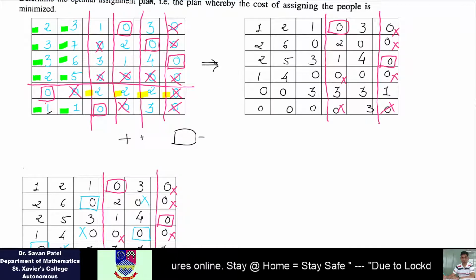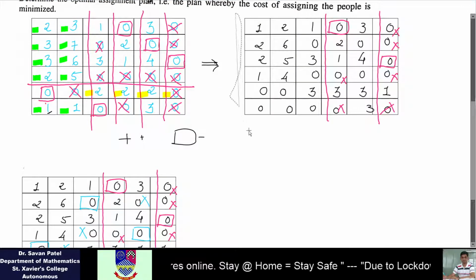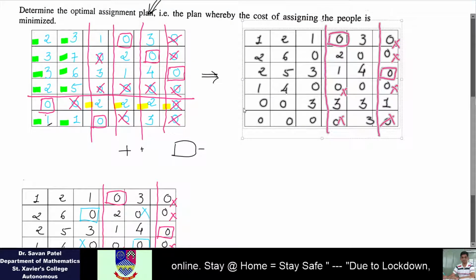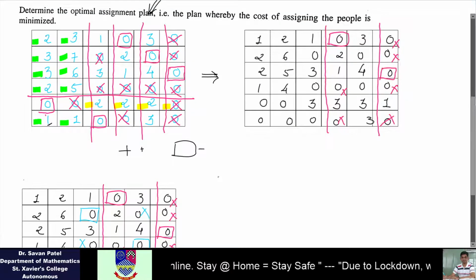Let me select this so you can see that. Previously, we selected this 0. Now, instead of selecting that, I am selecting this 0.